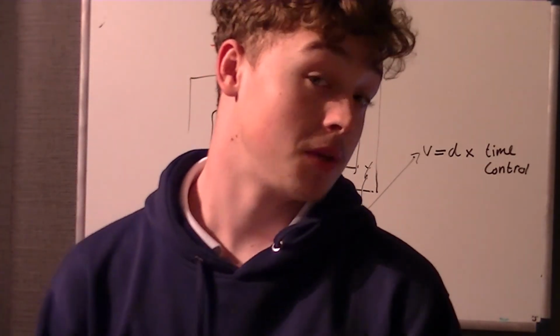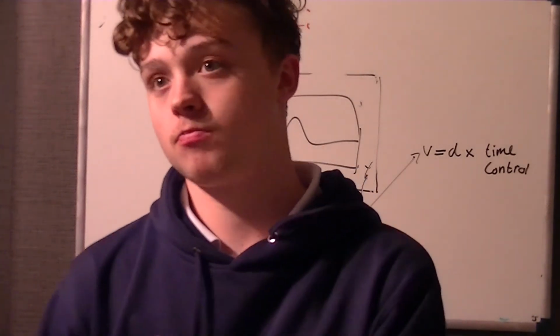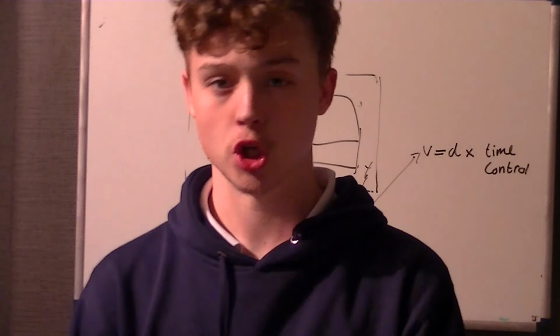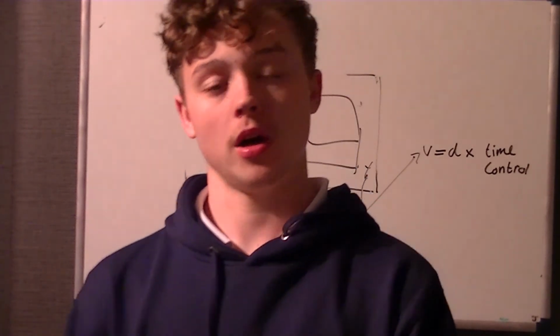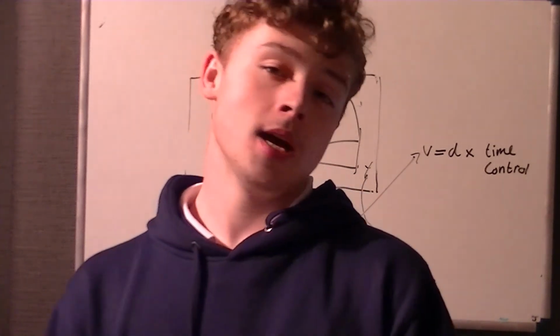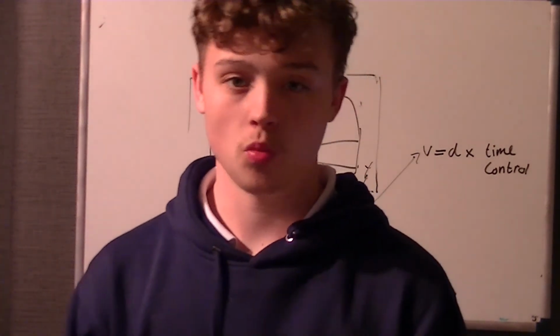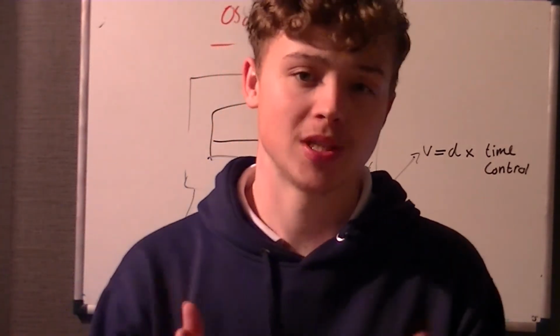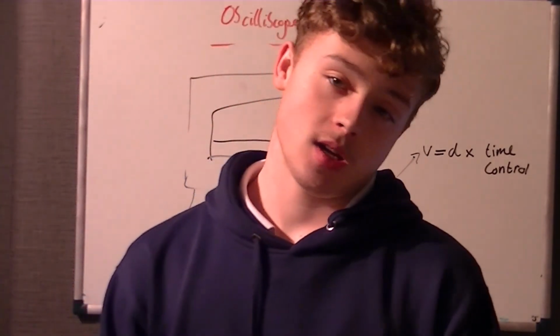So the displacement of the light spot is proportional to the alteration in PD. The max voltage is you times the amplitude by the Y gain, or how much each centimetre represents in terms of voltage.